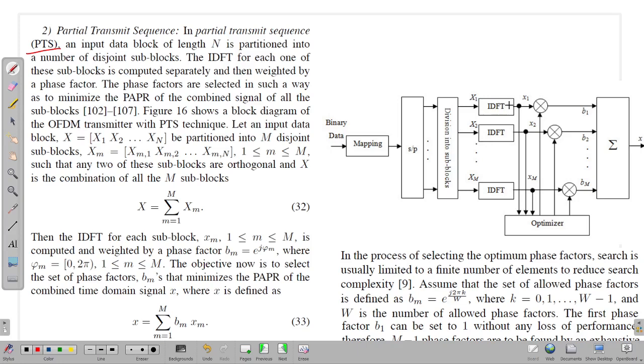Then an IDFT is performed. After the IDFT, you have the time domain signals, and these are given to an optimizer. The optimizer is basically a processor. It selects the values of the sequences bm.